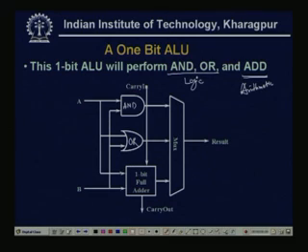So, it has two inputs A, B and another input is carry in, and the output goes to the input to the mux. So, it has some select lines, and accordingly the particular input will be selected as the output of the multiplexer. So, this we can tell is the schematic of a 1 bit ALU.